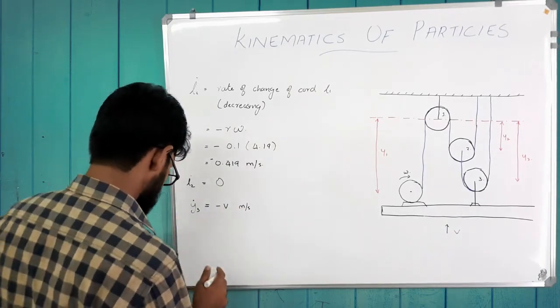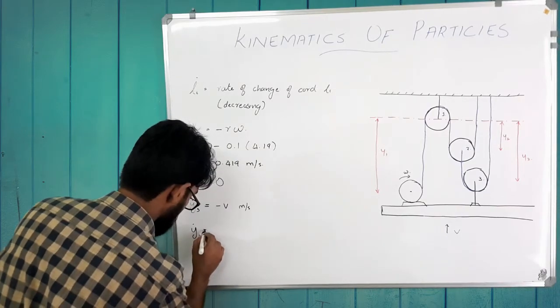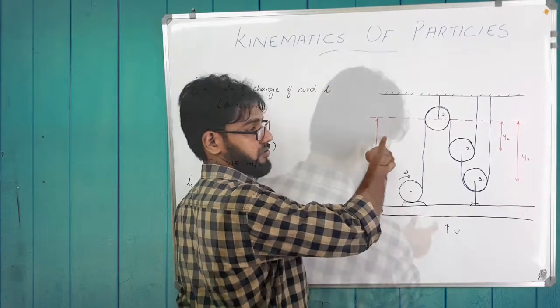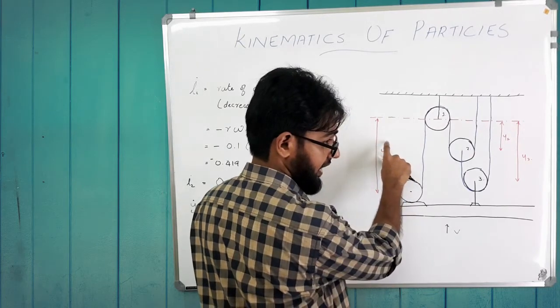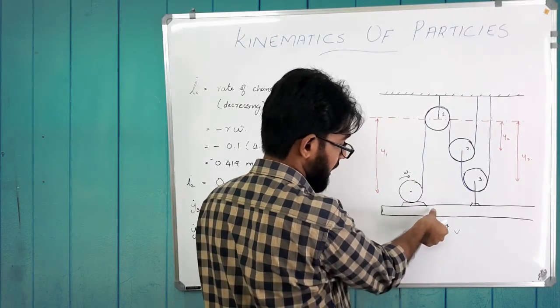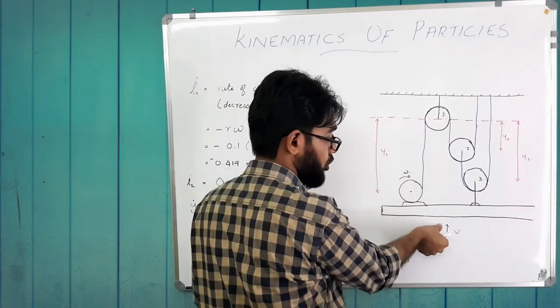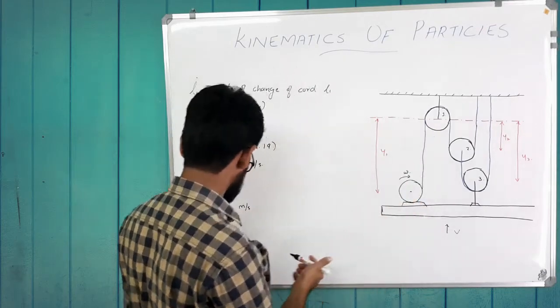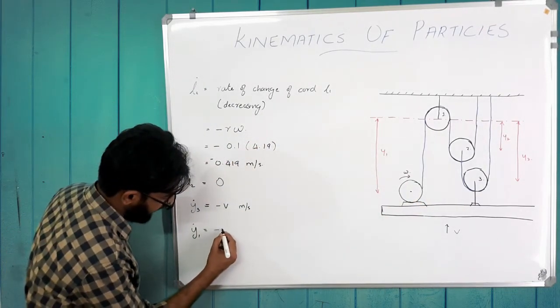Now, the next point is y1 dot. As the corresponding value of y1 gets reduced, this platform will go up. So y1 dot will be equal to v in the opposite direction. So as such, y1 dot is also equal to minus v.